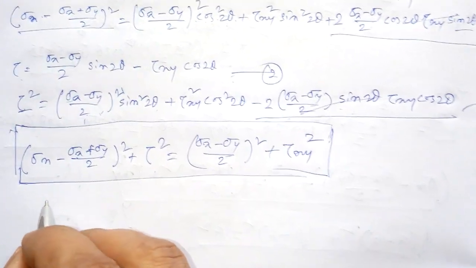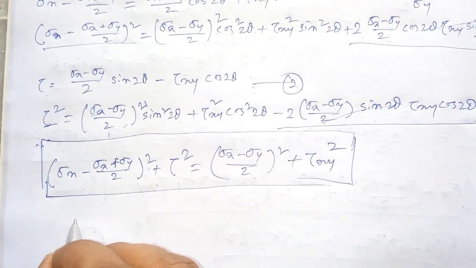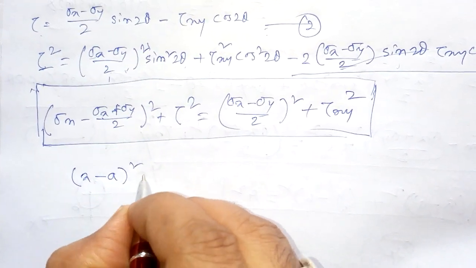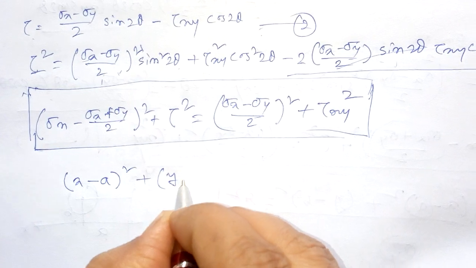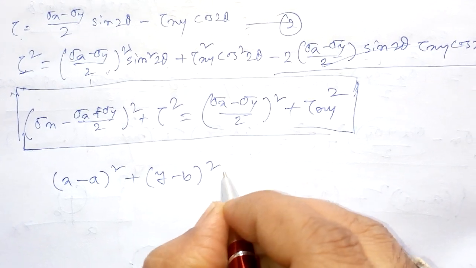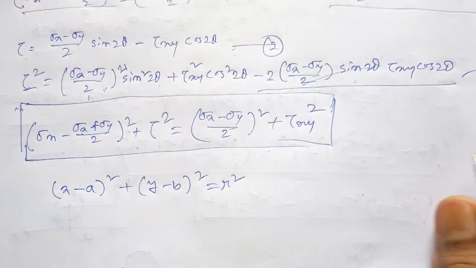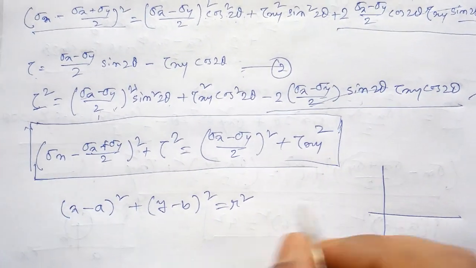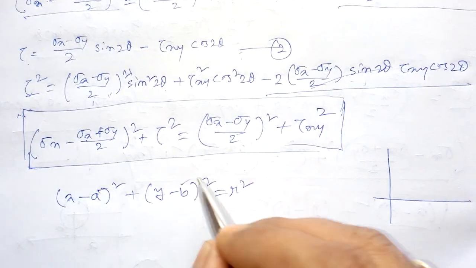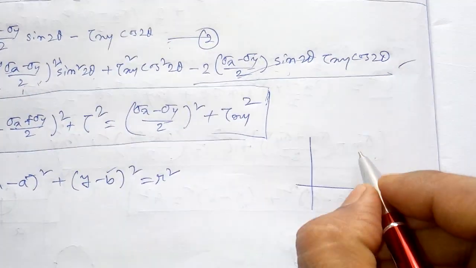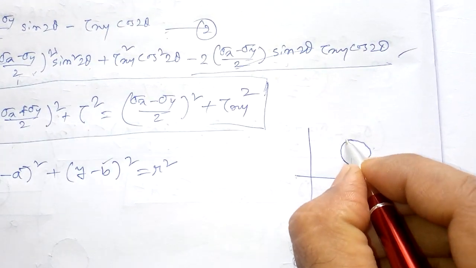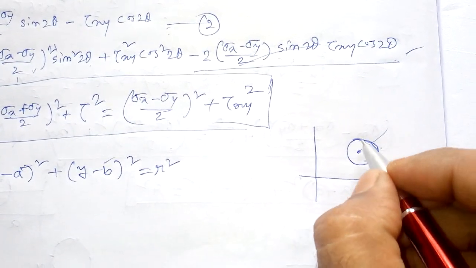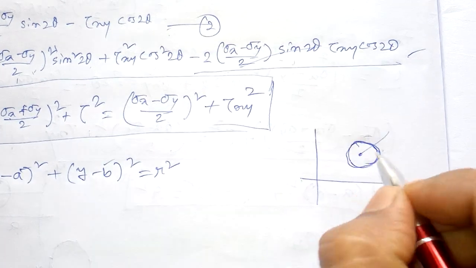What is the equation of a circle? The equation of a circle is (x minus a) whole square plus (y minus b) whole square is equal to r square. Where a and b, if a circle is situated over there, are the coordinates of the center of the circle.